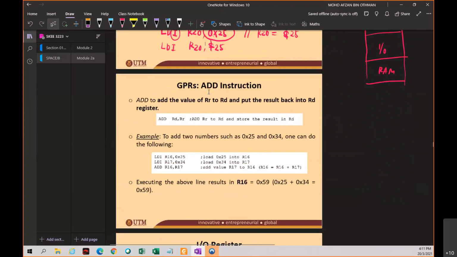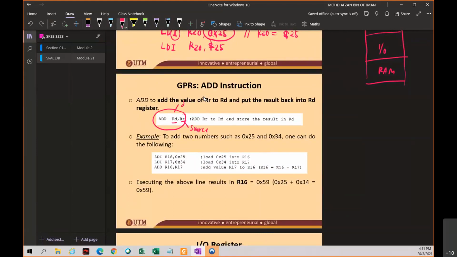Okay, next kita tengok ADD instruction. Okay, so this ADD is to add the value of RR to RD and put the result back into RD register. Okay, so this is an instruction kat situ. Okay, kamu ada ADD, RD, RR. So RD is your destination register, RR is source.